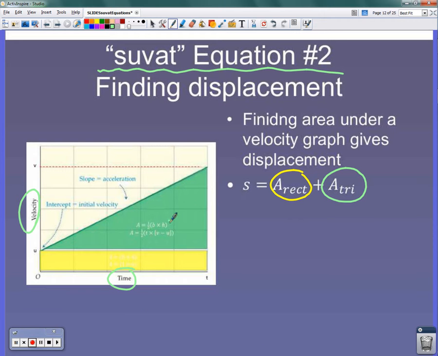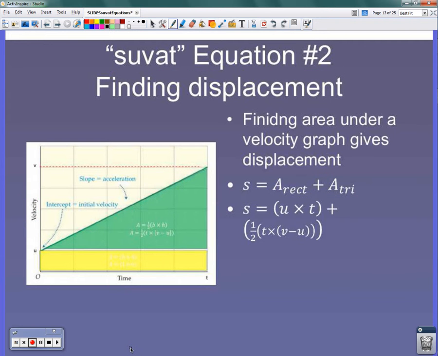We know formulas for those shapes in general, right? And in this case here, my white didn't turn out very good. That's just base times height, the area of a rectangle. So, if we substitute in the values as they relate specifically to this graph, for the yellow rectangle, the base is the distance from here to here, and that's the time.